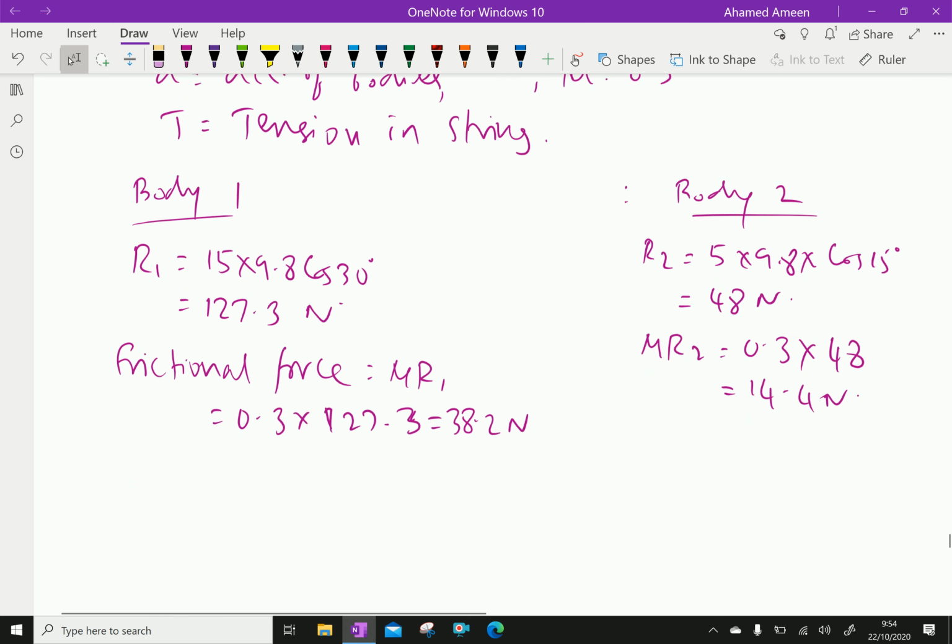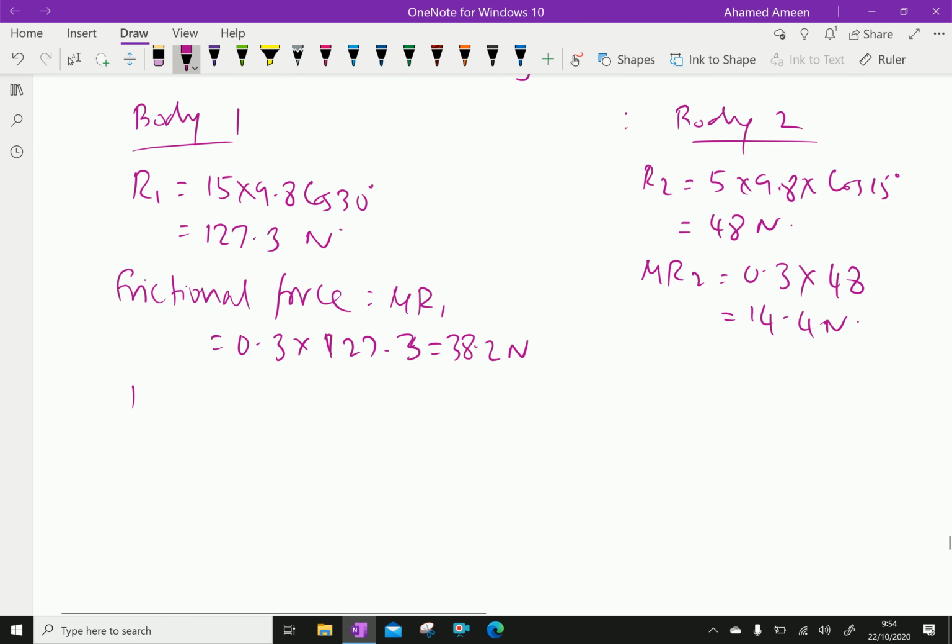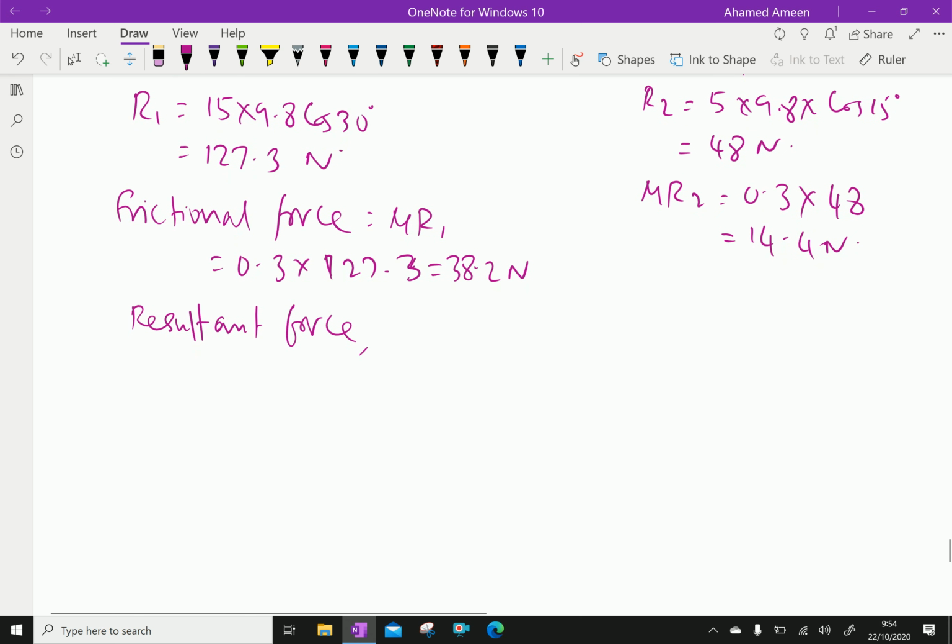Therefore the resultant force is m1 g sine alpha 1 minus T minus mu R1, which is equal to mass into acceleration, 15a.